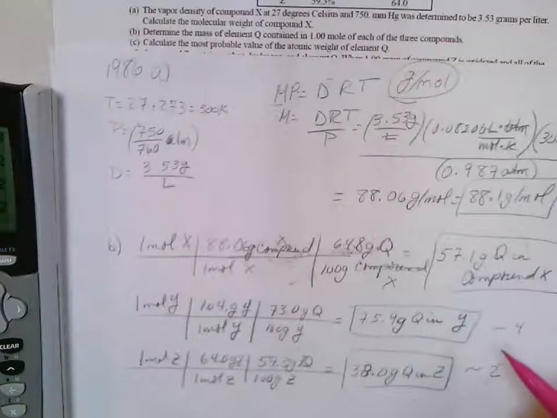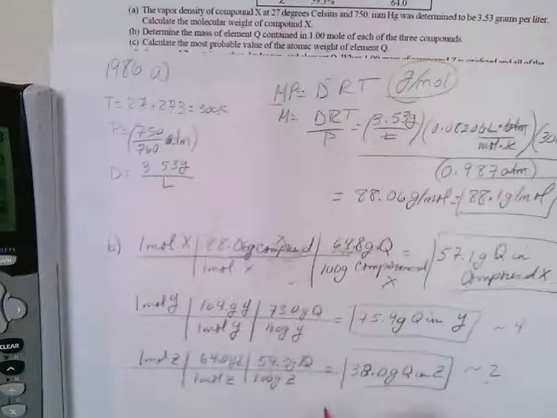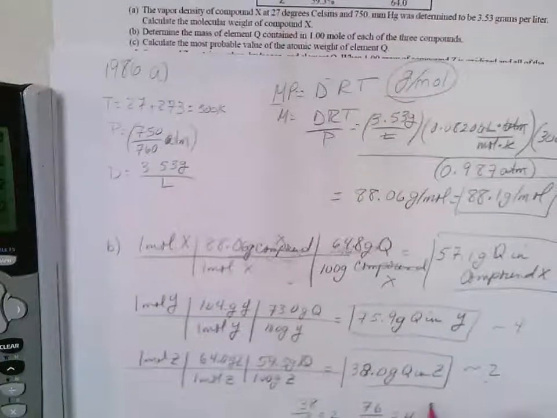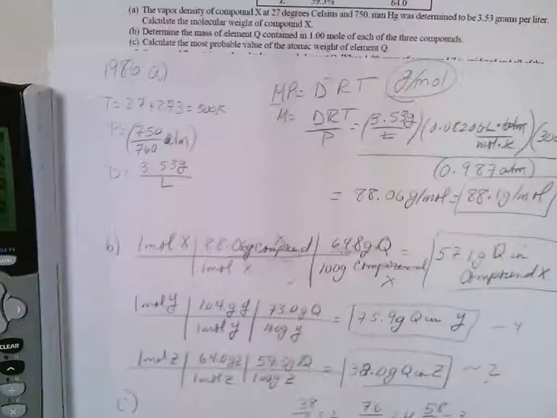So it looks to be that the molar mass is going to be half of this, which would be 19. How would you write it? I don't think you have to give any big definition here. I would just say that 38 divided by 19 equals 2, 76 divided by 19 equals 4, and 58 divided by 19 equals 3. So this is for part C.